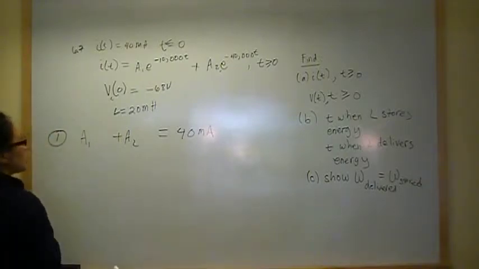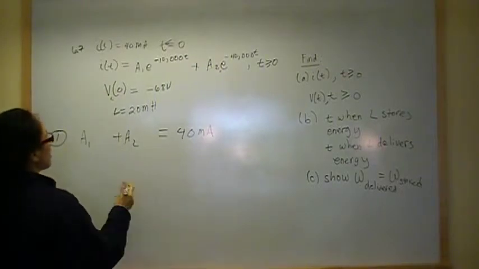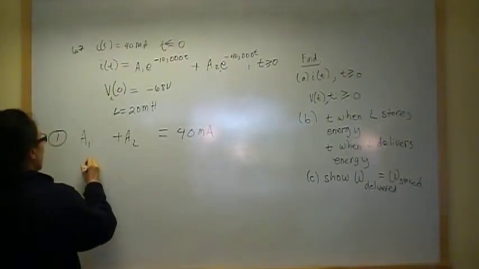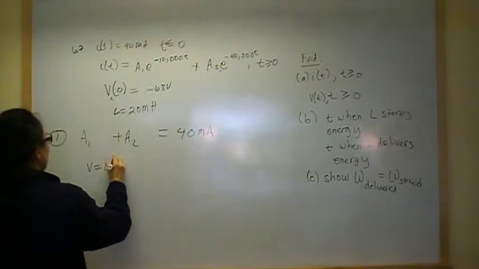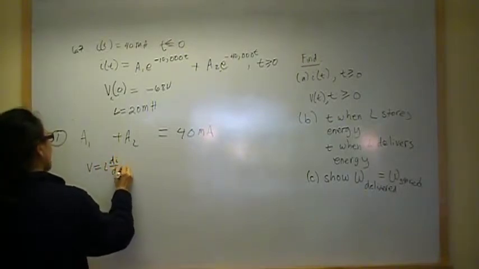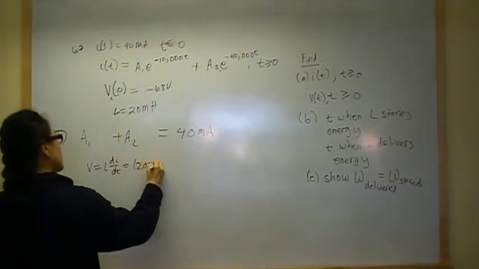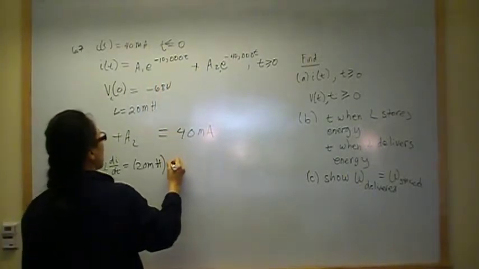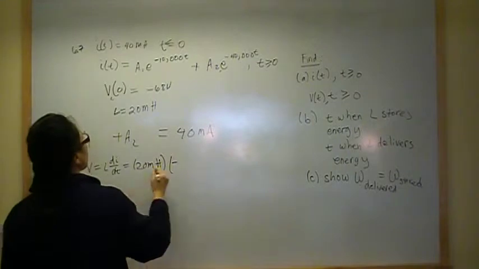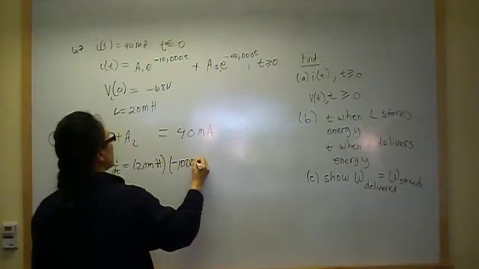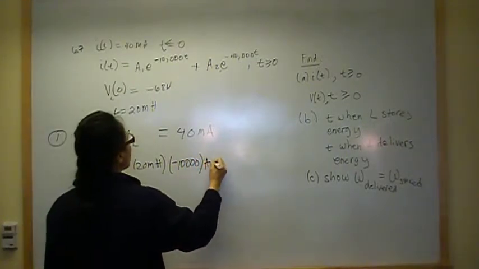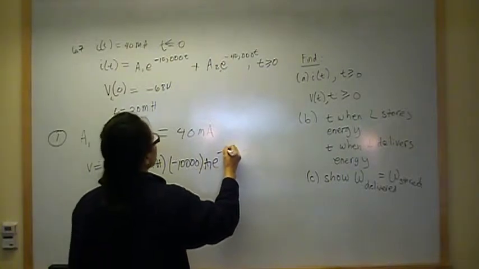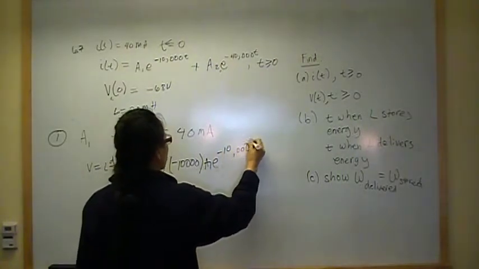For the voltage, we need to do a little bit of calculus, very little, but remember, voltage is equal to L di/dt. L is 20 millihenries, and the derivative of I is going to be negative 10,000 A1 e to the negative 10,000 t.